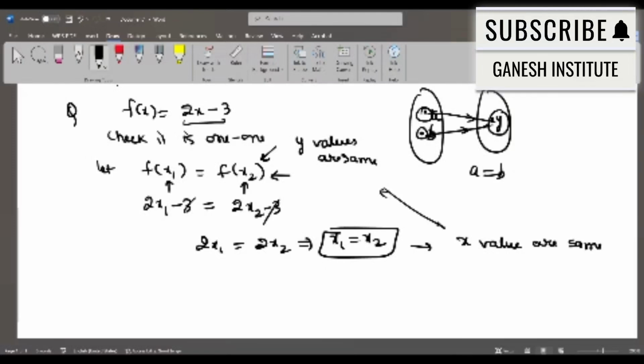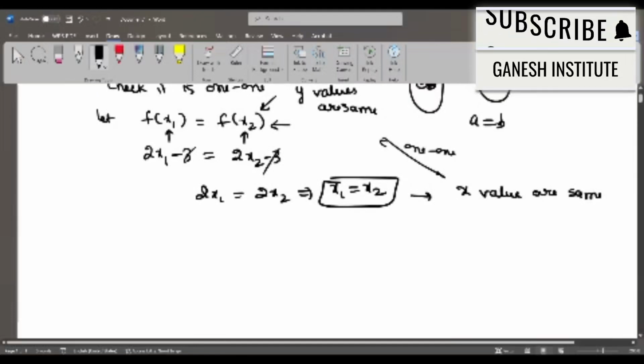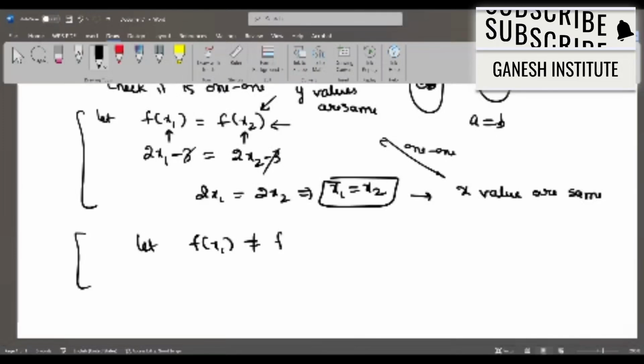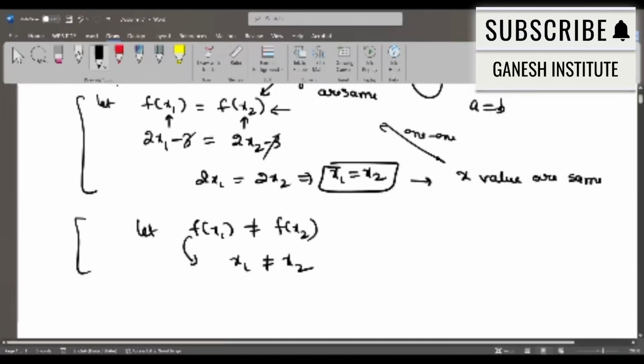And that is the condition of one-one, right? So every single time for one-one, you will either assume this, or you assume y values are not the same, and from there you bring out that x values are also not the same. You just use either one of those two methods.